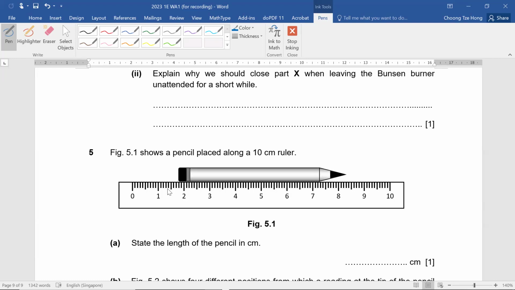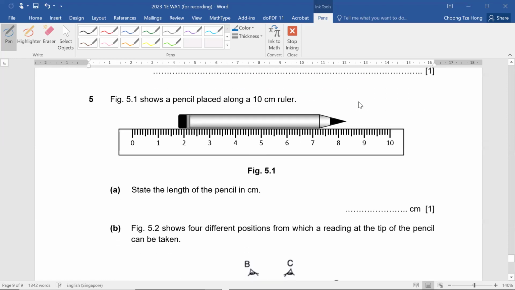Okay, so people will not accidentally come into contact with the flame. So the answer would be to obtain a luminous flame, which is more visible, right?